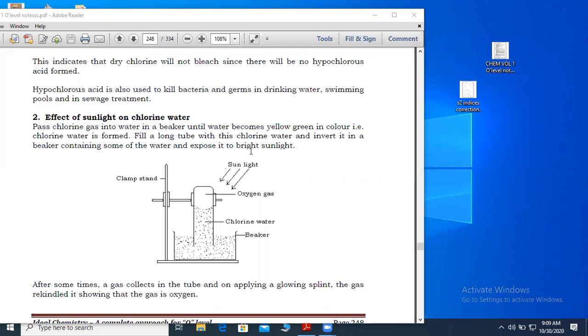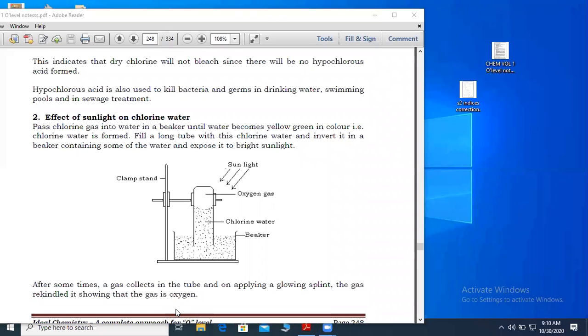And how do you talk about observation of a gas given out in solution? You simply say bubbles of a colorless gas. So I only wanted that, bubbles. And those who wrote bubbles, I gave them the whole mark.